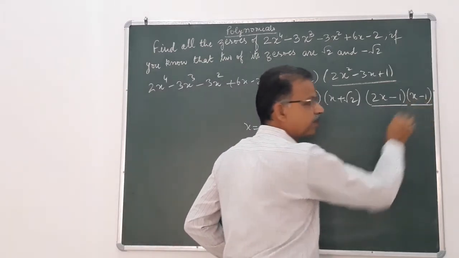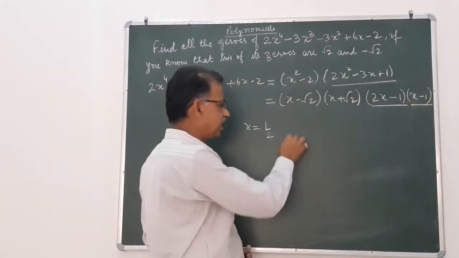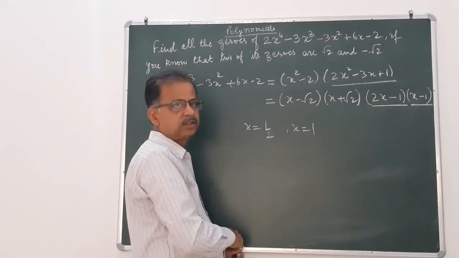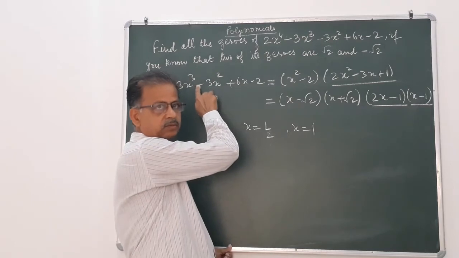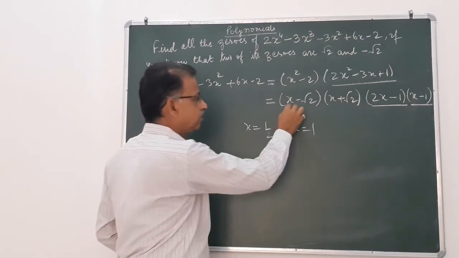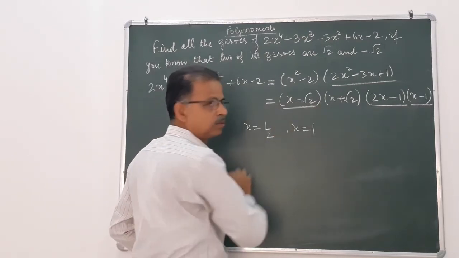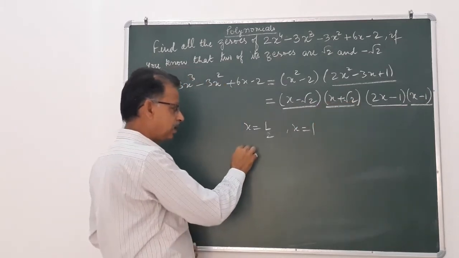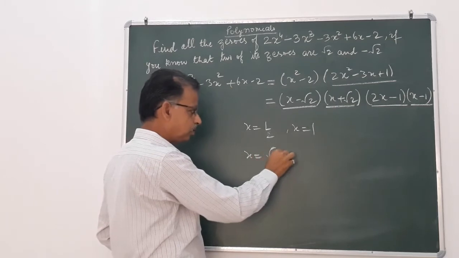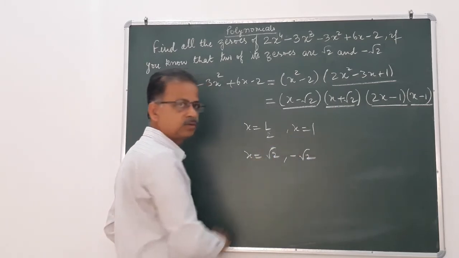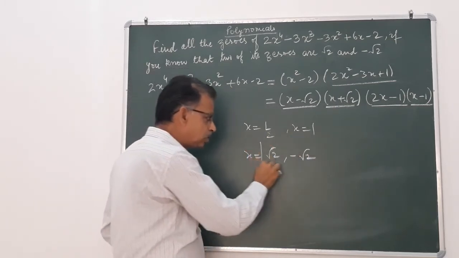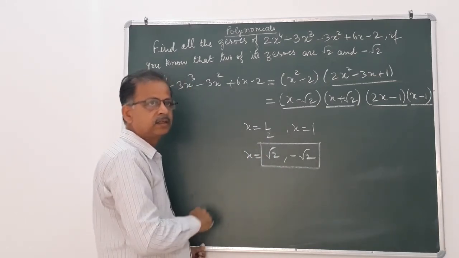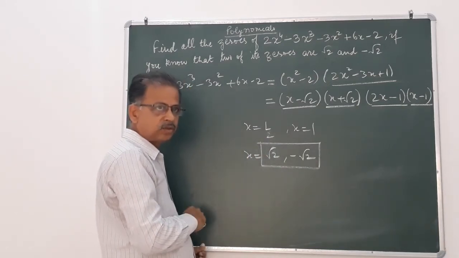Similarly, if we put x minus 1 equal to 0, we get x is equal to 1, which is a zero of the given polynomial. And when we put x minus root 2 and x plus root 2 equal to 0, we get x is equal to root 2 and minus root 2. These two zeros were given and we have to find the remaining zeros.